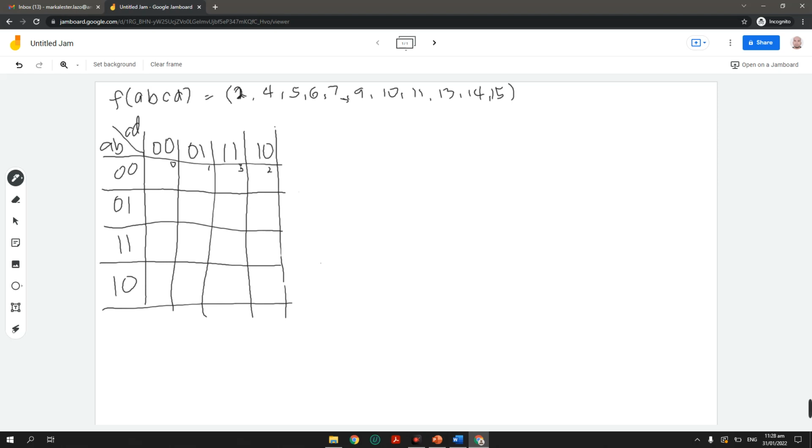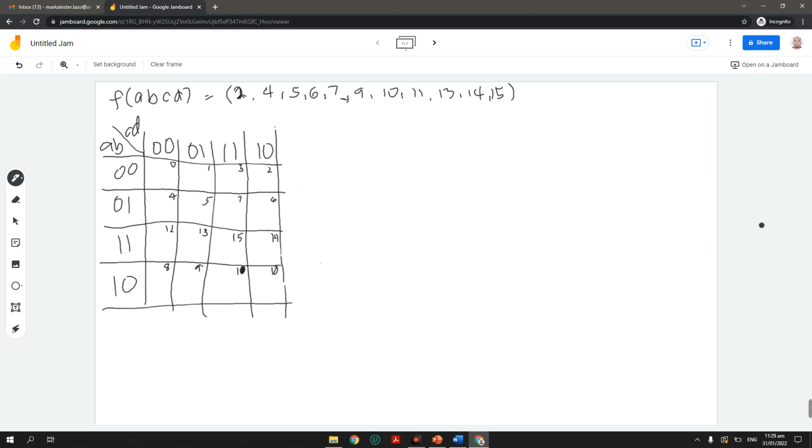This is 4, 5, 6, 7. Take note, this is 8, 9, 10, this is 11, and this is 12, this is 13, this is 14, and this is 15. So that is the simplified way to name our map if you do not want to use the truth table.